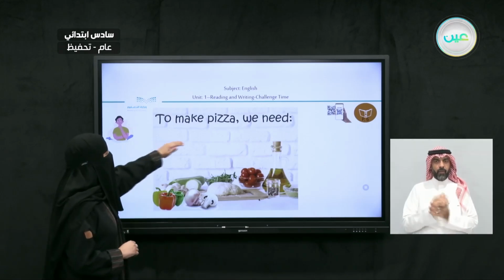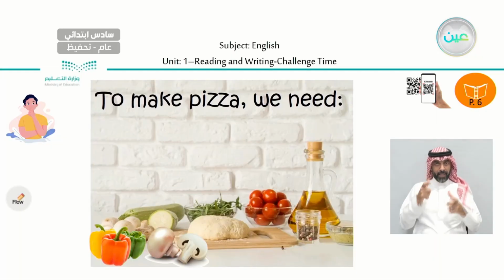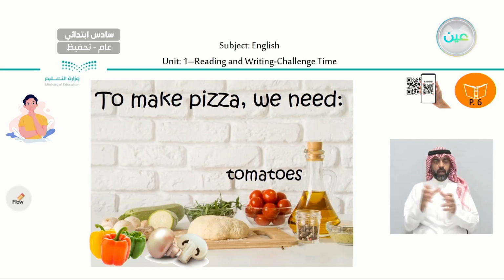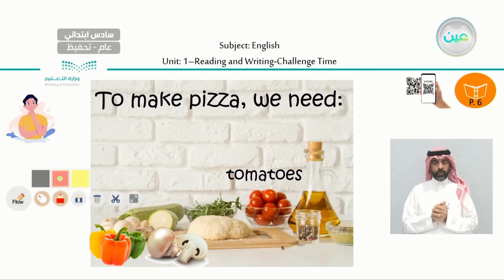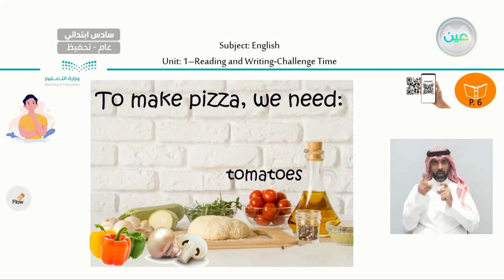So to make pizza, we need, okay, look at the picture and tell me what do we need, okay? Yes, tomatoes. Very good. We need tomatoes. That's good. Excellent. Okay, and also we need what? Look at this one here. What do you call it?